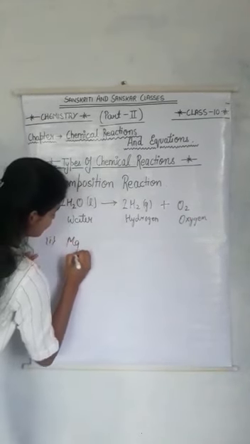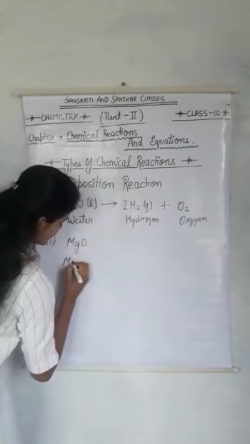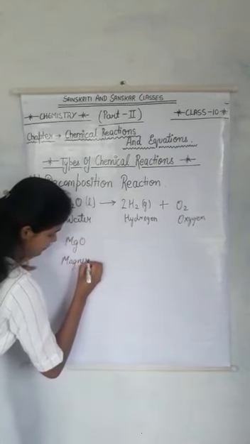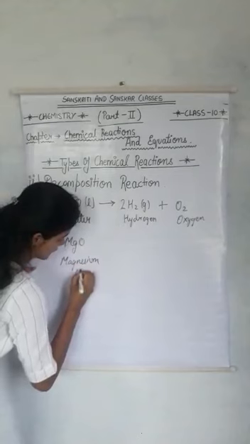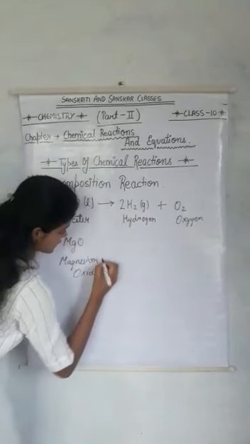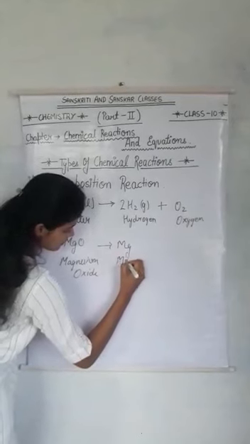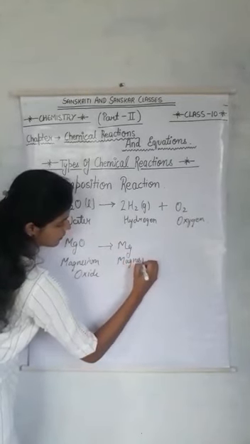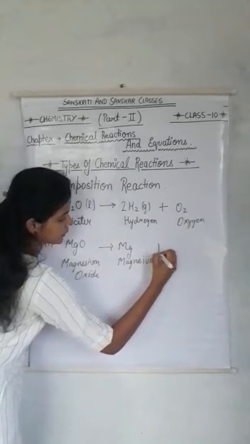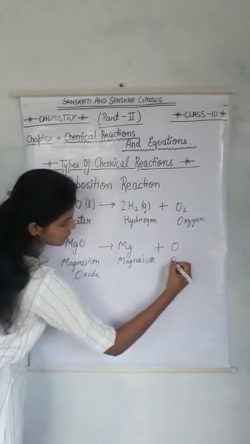Now MgO, which was magnesium oxide, gives us what? Magnesium and oxygen.